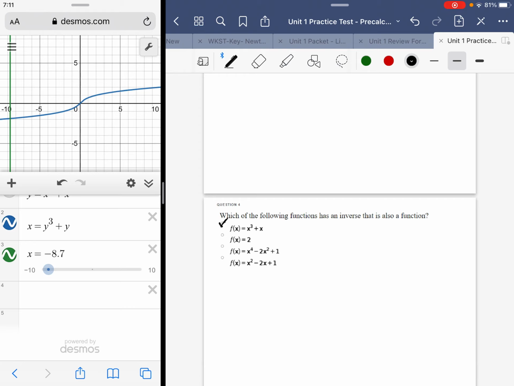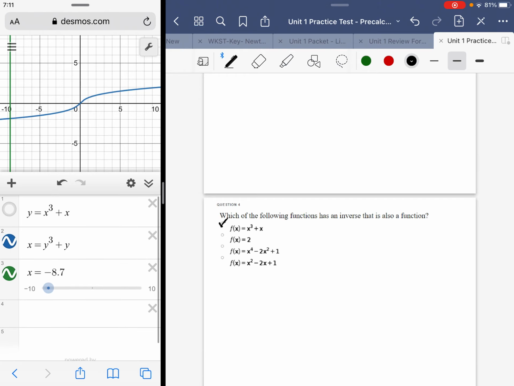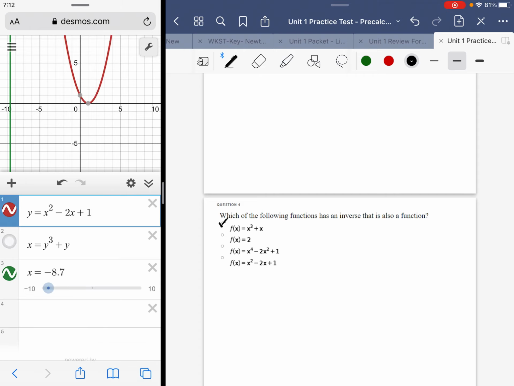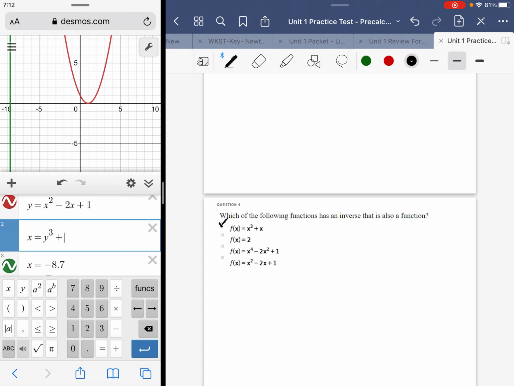Let's say I was looking at the last one. Alright. So the last one is x squared minus 2x plus 1. Turn that on. That's what that parabola looks like. I'll graph the inverse by switching the x and the y. So x equals y squared minus 2y plus 1.